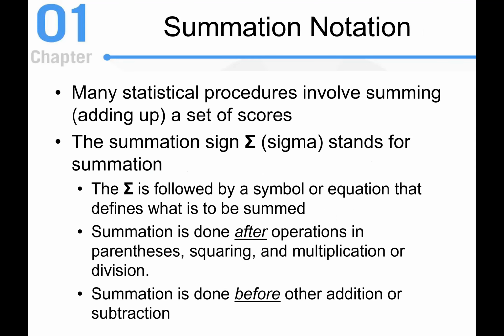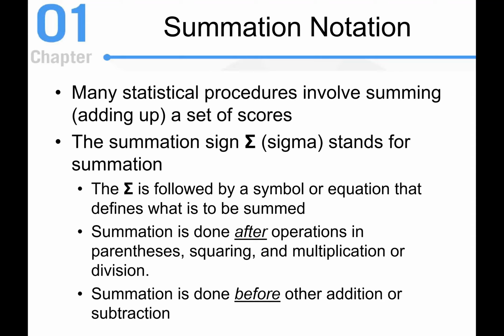All right. So a special new thing that you probably did not learn in high school is what is called the summation notation. Many statistical procedures involve summing or adding up a set of scores. The summation sign, known as sigma, like the sigmas in a fraternity.